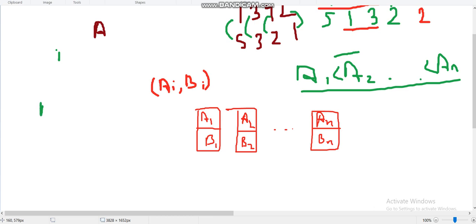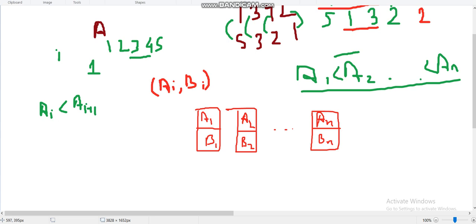Let's say A_i is less than A_{i+1} in our case. This pair A_i and A_{i+1} is contributing 1 to the LIS, because it is in our LIS. Let's say 1 2 3 4 5. Now this 3 and 4, this pair i and i+1, is contributing 1 to our LIS.